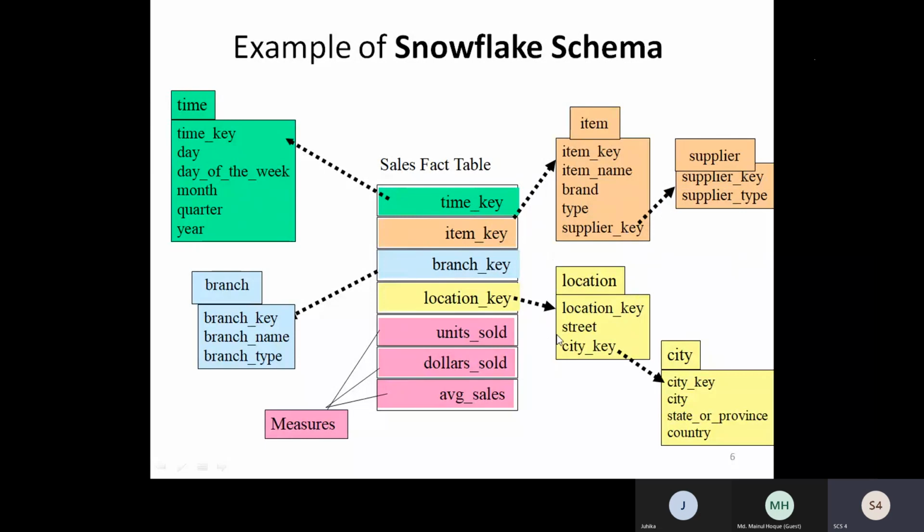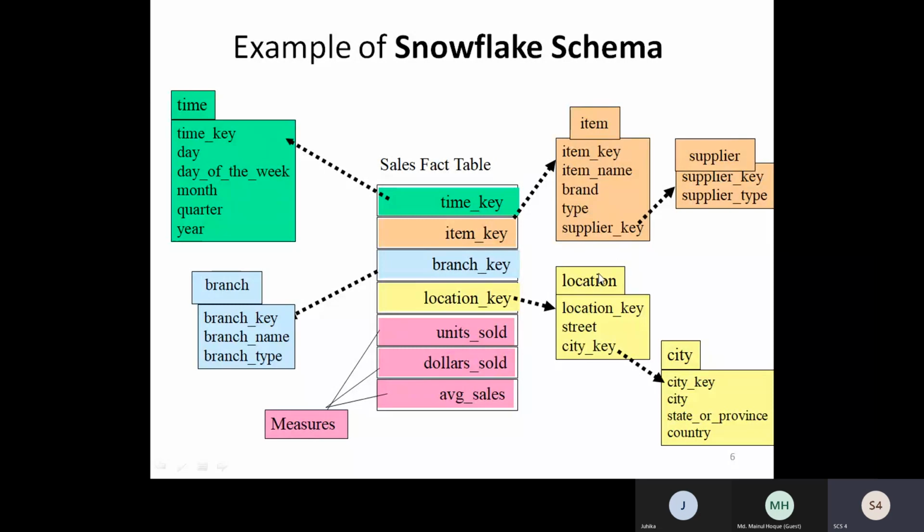From the location table, you are placing the city key, and from the city key, you may refer to a different table, that is city, like that. So overall, this takes the form of a snowflake. Yes or no? Do you agree with this diagram or not? Yes, sir. So that's why this schema is known as snowflake schema.